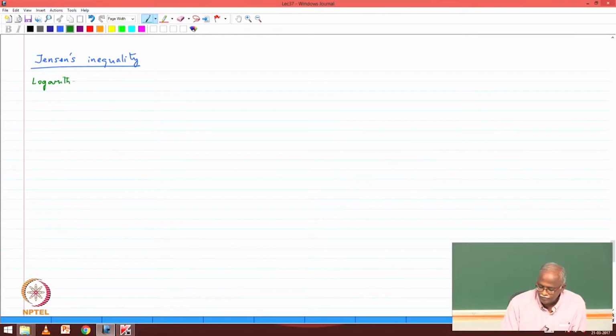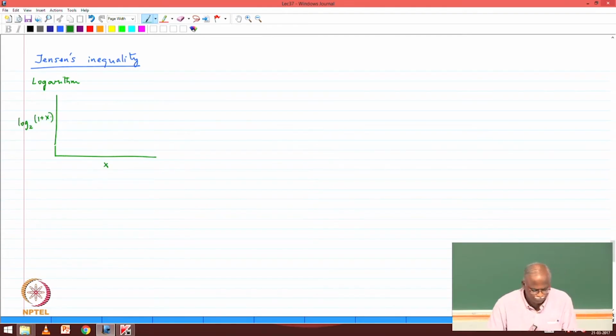Logarithm function. If I were to plot the logarithm function, log base 2 of (1 plus x), you will get a graph that looks like this. You can just do a sketch and you will find the following result is true. Suppose you consider 2 points.